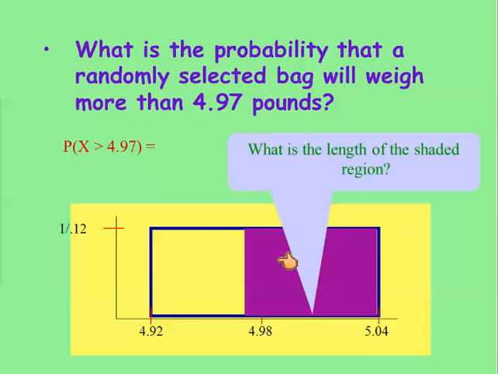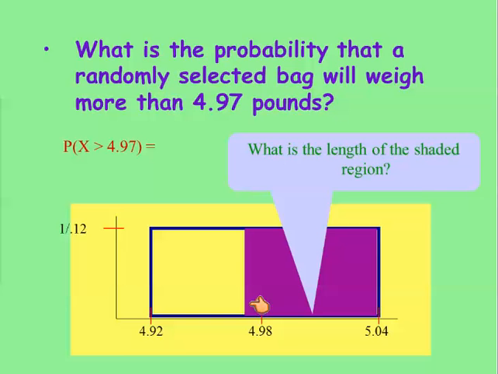So here's an example. Here I've got a rectangle down here in a uniform distribution. It goes from 4.92 to 5.04. But they're asking, what is the probability of selecting a bag that will weigh more than 4.97 pounds? Well, here's 4.97. That's what this line here is representing.